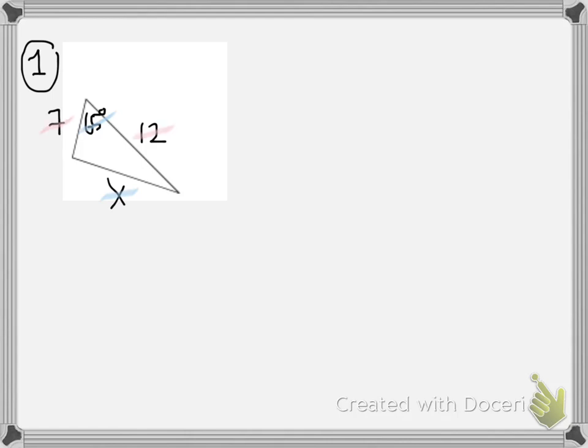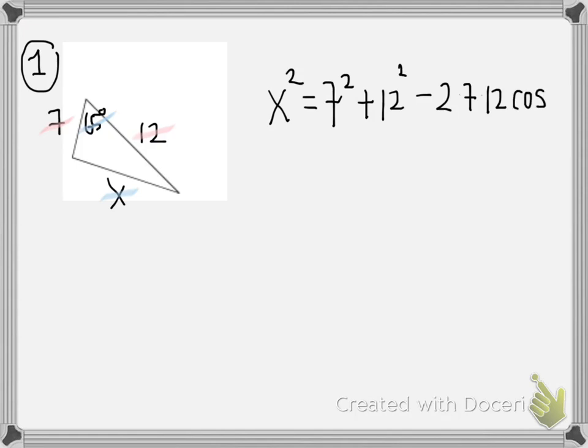So x squared is equal to 7 squared plus 12 squared, minus 2 times 7 times 12 times cosine of that angle. Those are the sides that you know, and this is the angle opposite of what we're trying to find.